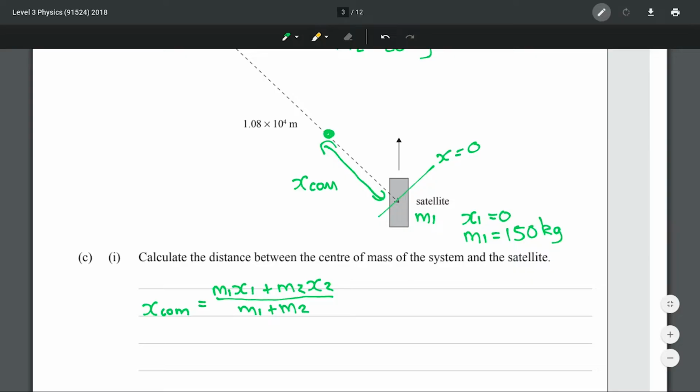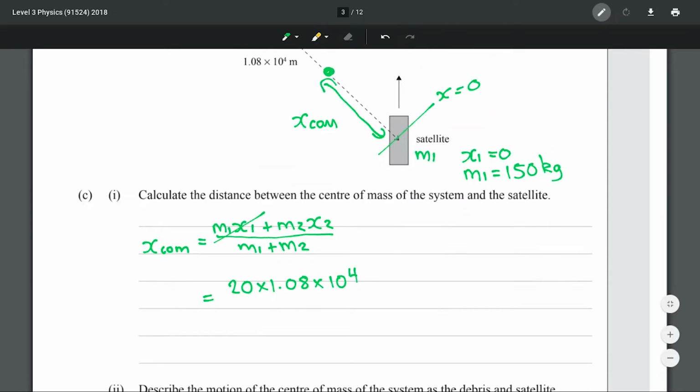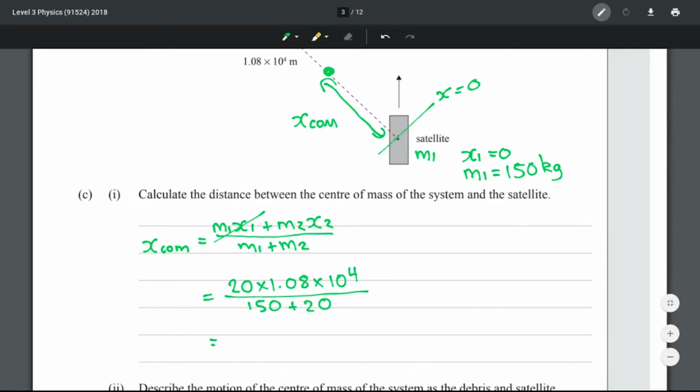Which means we have everything we need to do this equation. Bearing in mind that because our x1 is 0, we can ignore this term here. And that gives me 1,270 meters to 3 significant figures.